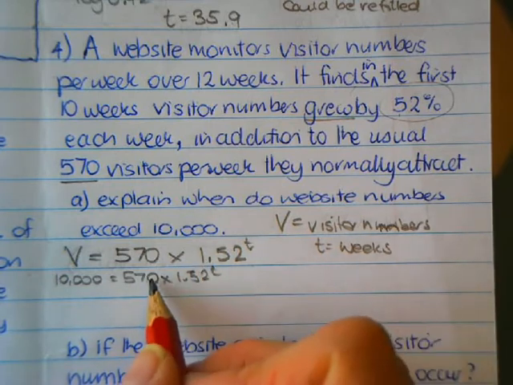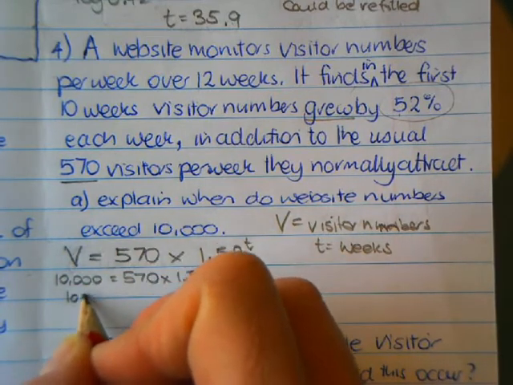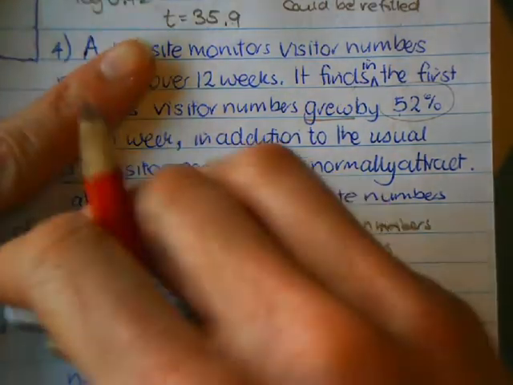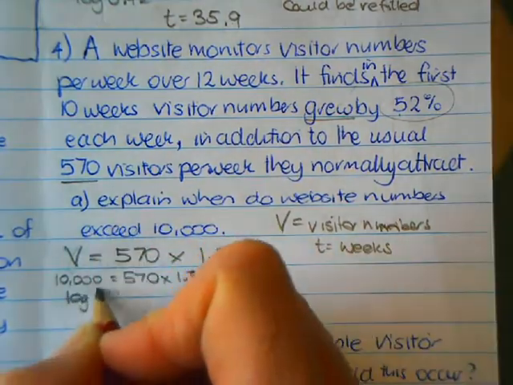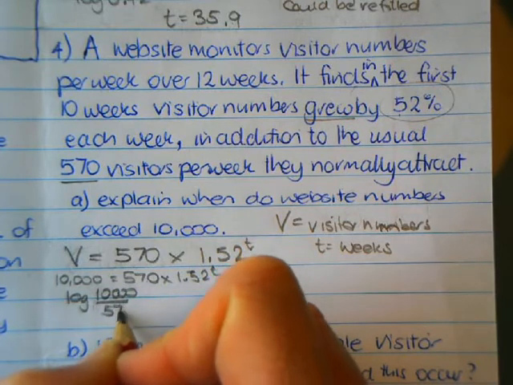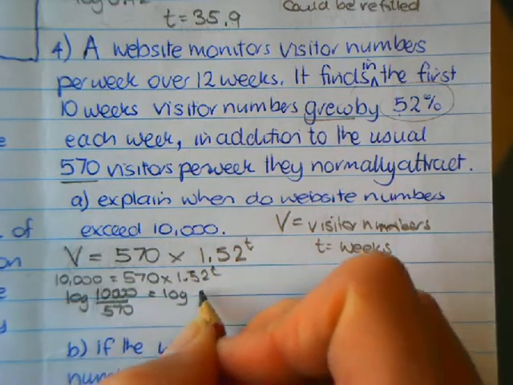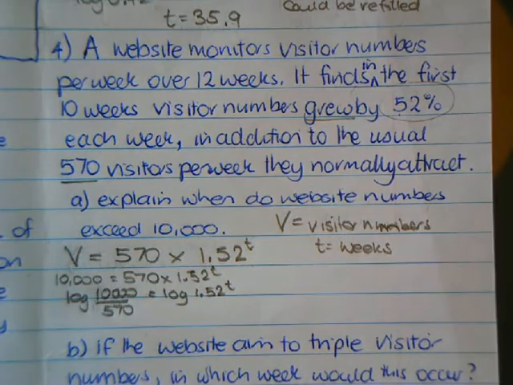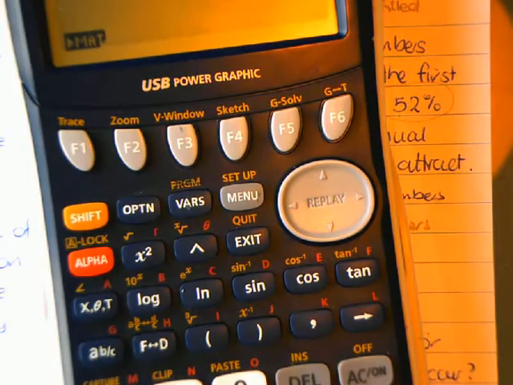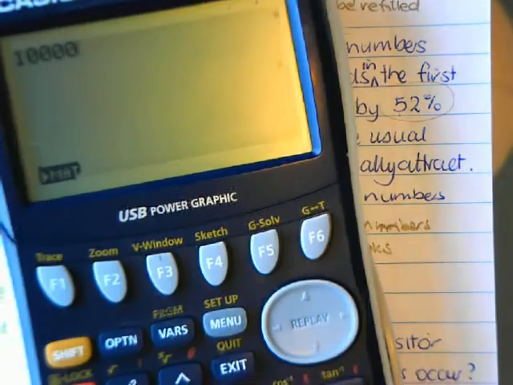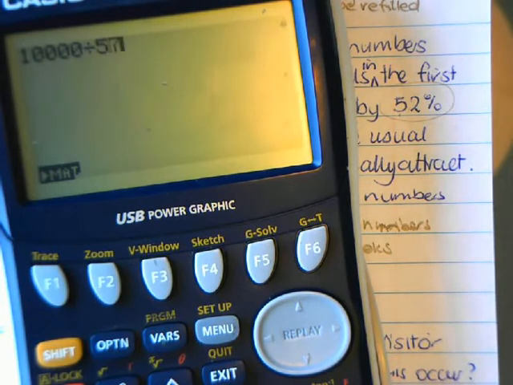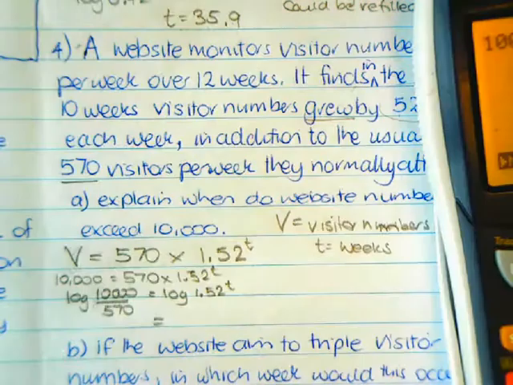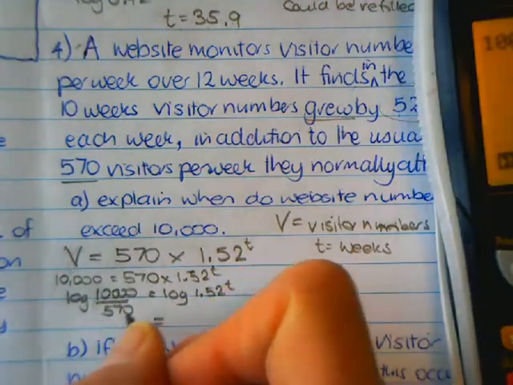Alright, so rearranging this, we need to know when this is going to be greater than 10,000, so we let it equal 10,000 equals 570 times 1.52^t. So instead of times by 570, divide, so log of both sides again, 10,000 divided by 570, oops, got that round the wrong way, will equal log 1.52 to the power of t.